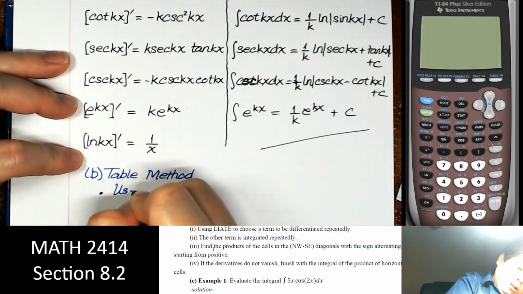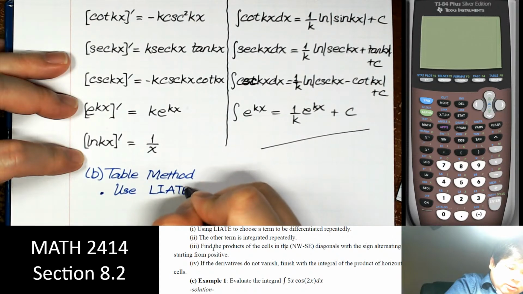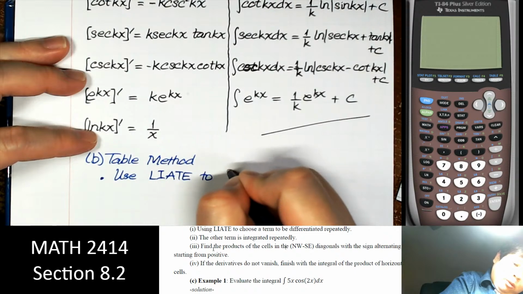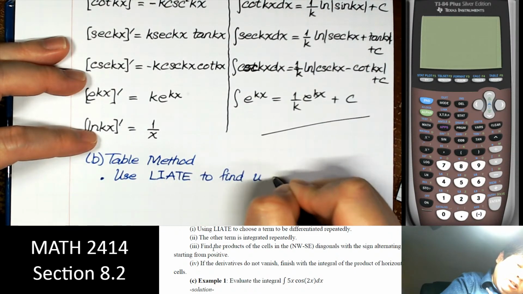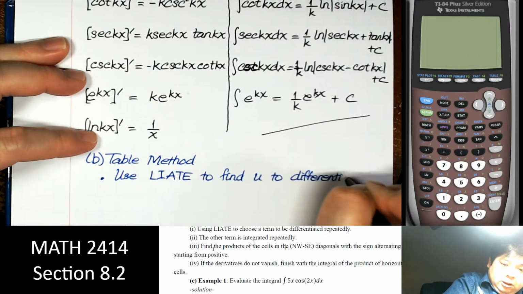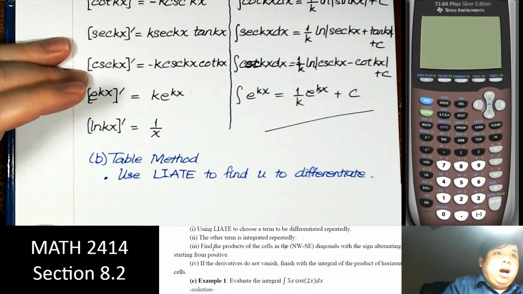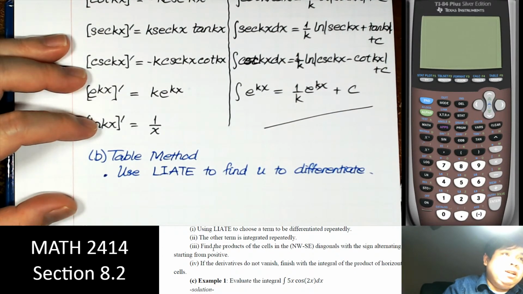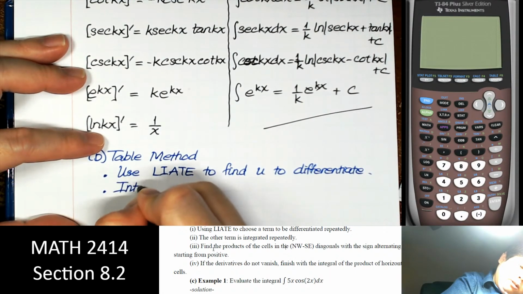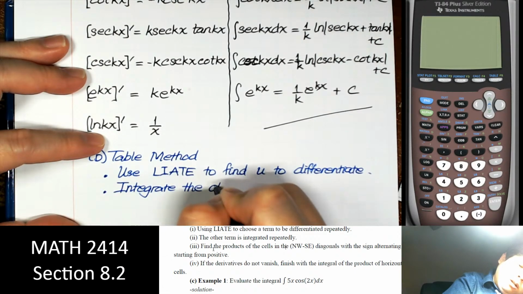So we use that to find u to differentiate. So we find u and then we take derivative, and the way we do that, we use that acronym. And then integrate the other term.